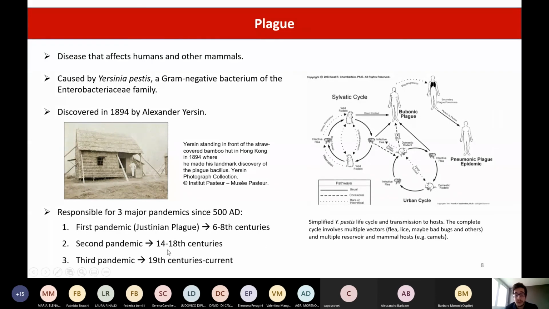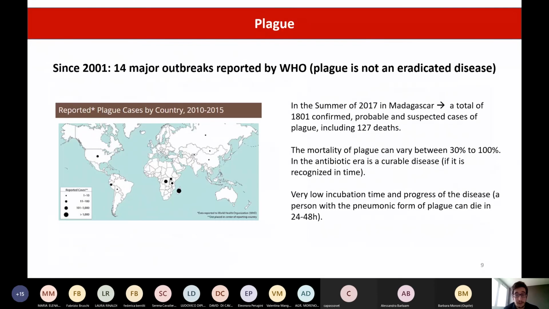And also the third pandemic, which is still going on. In fact, plague is not an eradicated disease, but there are some cases every year in states like United States, China, Mongolia, Russia, and also some major outbreaks.